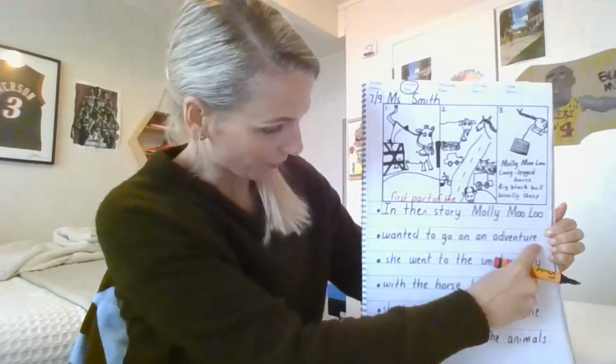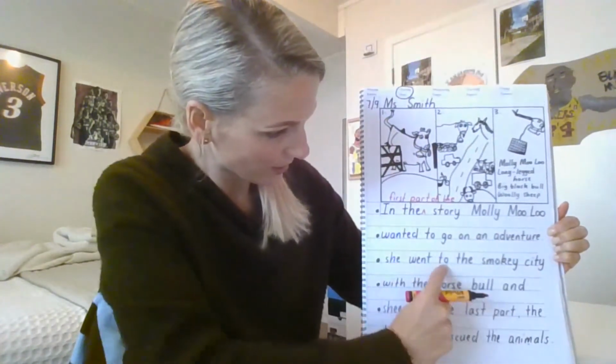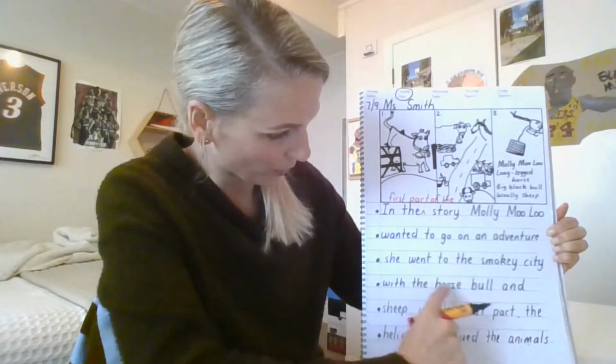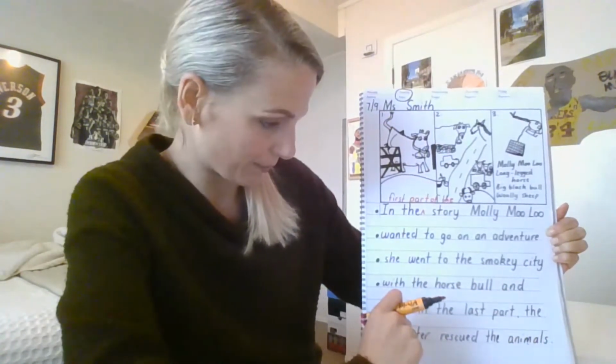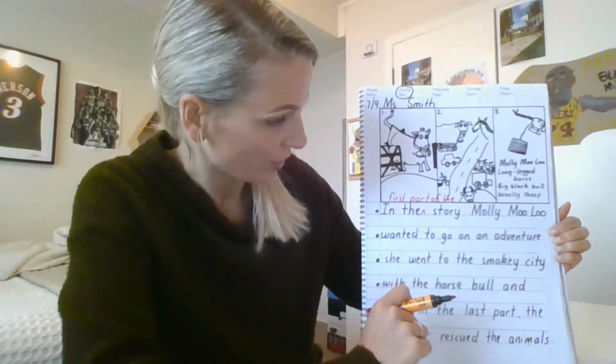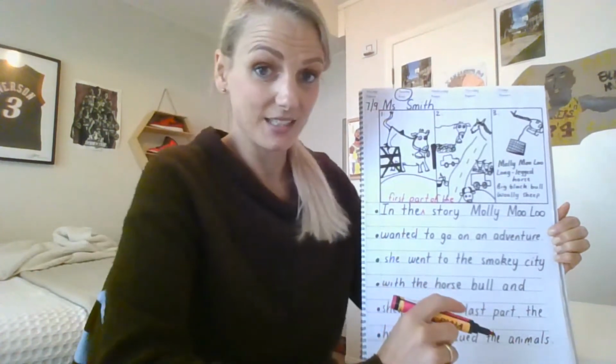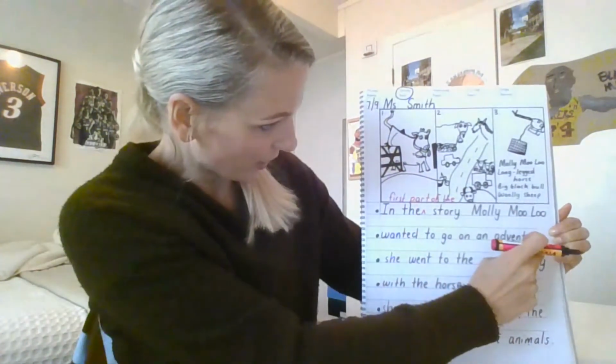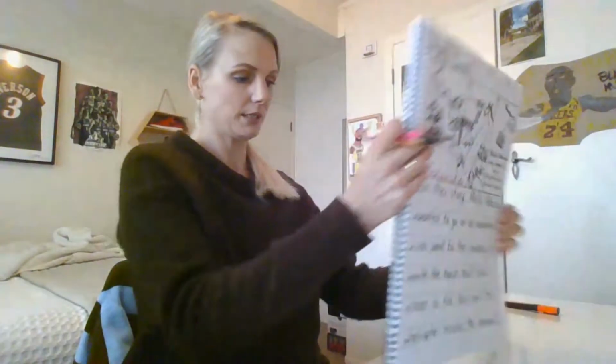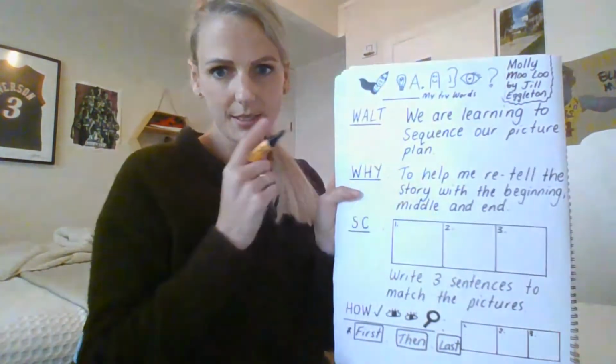Now, let's carry on. She went to the smoky city with the horse, bull, and sheep. I can see some things that don't quite make sense, or some areas where I've missed out some punctuation. So I am going to reread it again and see if I can edit my writing. So I needed to make sure, let's go back to this.